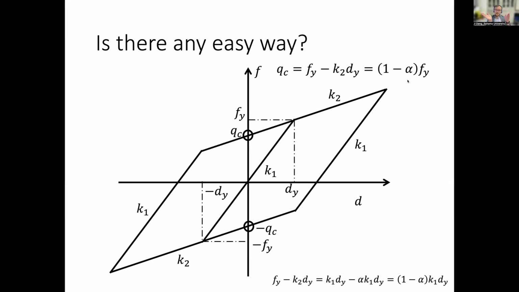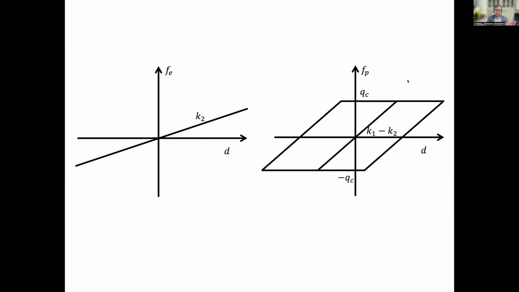So maybe we can split this one model into two models, something like this. One is just K2, it's just a linear model. The other model is the force derived from this model, just rotated from original to this one. So this one is a perfect elastoplastic model.